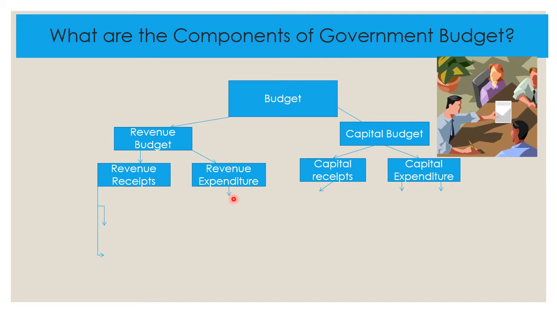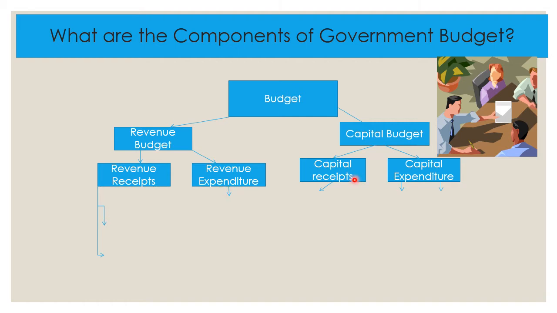So also here, when the government expects to spend from the revenue expenditure account of the revenue budget, there will be no reduction of liability, which means they will not be paying off loans from this account. Neither will they spend money to create any assets. So it is said that here there is no reduction of liability and no creation of assets.